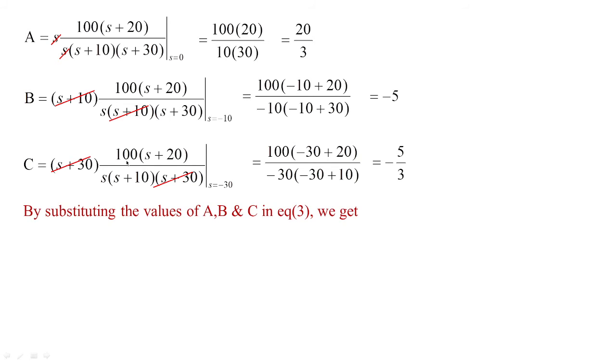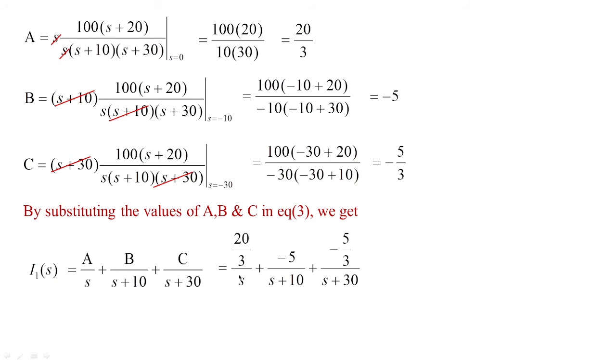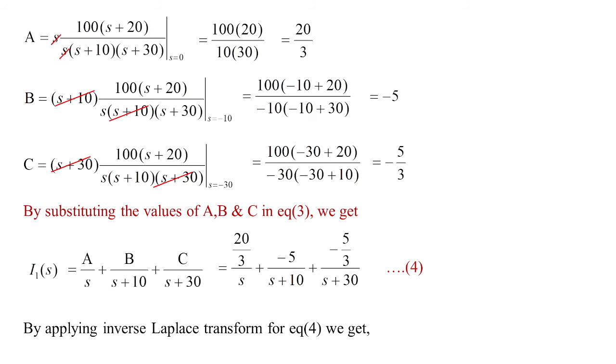Just substitute A, B, C in equation 3 and we are going to get I1 of S, replacing A, B, C with 20 by 3 by S minus 5 by S plus 10 minus 5 by 3 by S plus 30, and we have to employ Laplace inverse to get the solution of I1 of S, which will be equivalent to I1 of T. This 20 by 3 divided by S, Laplace inverse gives the value as 20 by 3, minus 5.